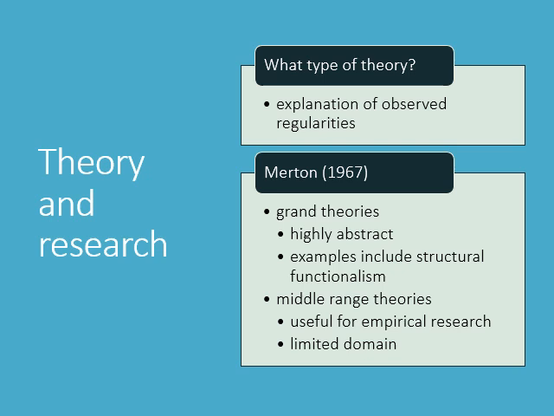In conclusion for this slide, understanding the distinction between grand and middle range theories is essential for students of social science as it is helpful in identifying the appropriate theoretical framework for research projects. Middle range theories, with their limited scope, offer valuable insights into specific social phenomenon and are particularly useful in applied research. And we will again be revisiting this over and over again.